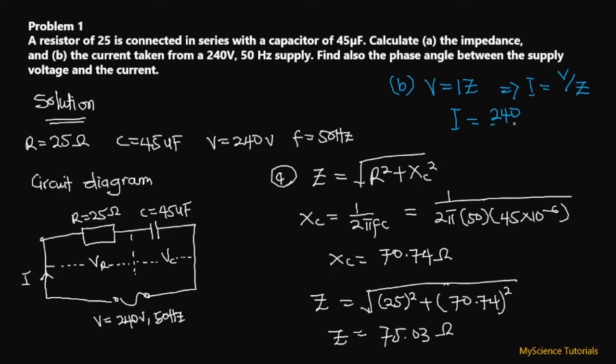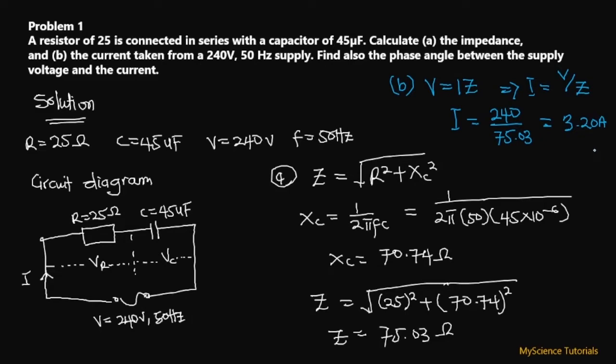We just found our impedance to be 75.03. If we compute 240 on 75.03, we are going to get 3.20 amperes as our current flowing through this particular circuit.